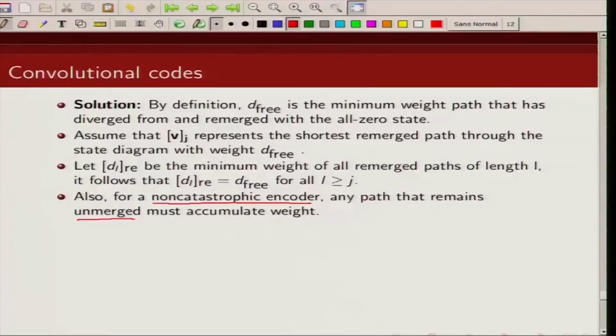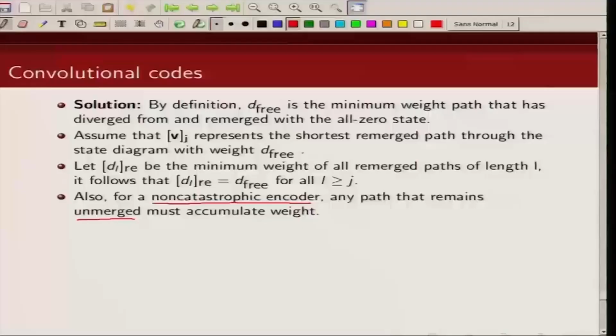It is only for a catastrophic encoder that we have a situation where input weight is higher and output weight is smaller, but if it is a non-catastrophic encoder, it will accumulate weight. So, any path which has not yet merged with the all 0 state will try to accumulate more and more weight.